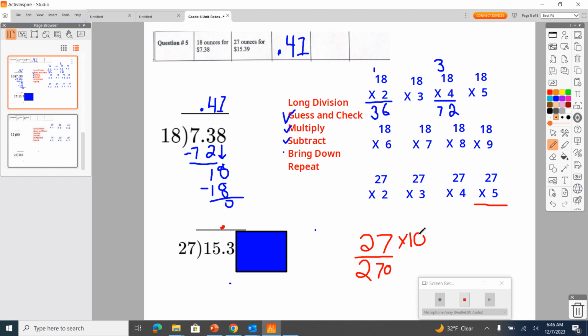And so 153 seems to me off the top of my head like it's about halfway there. So let's do this. 27 times 5 is 35. 5 times 2 is 10 plus 3 is 135.